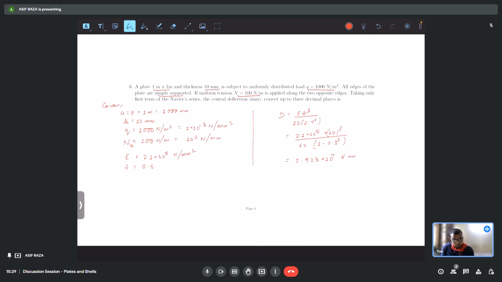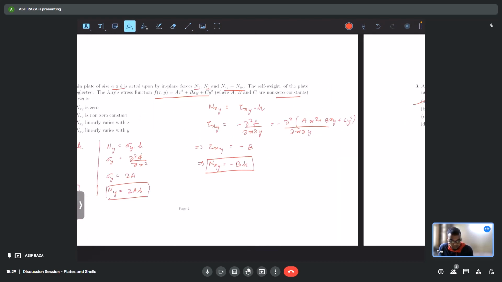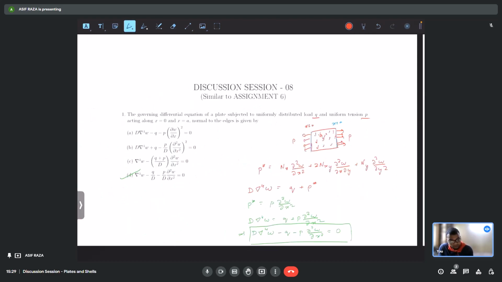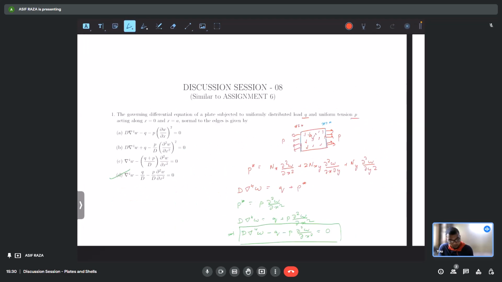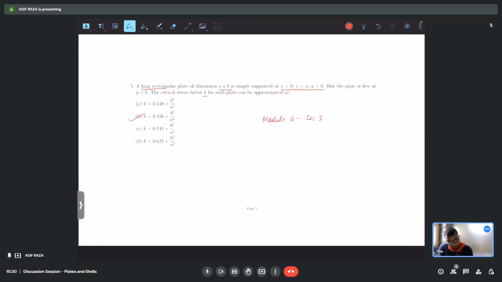As we saw in the first question, we had the governing plate equation for this type of question as this. So we'll use this one only.